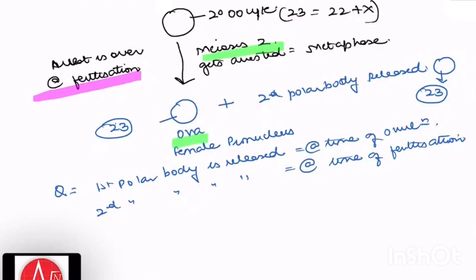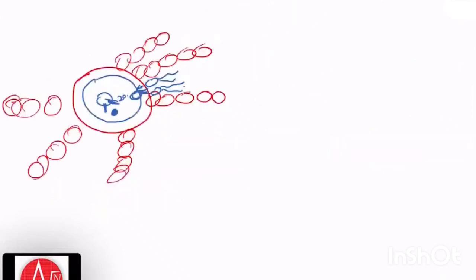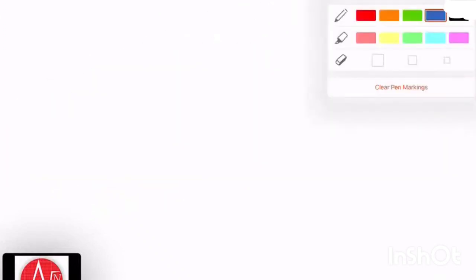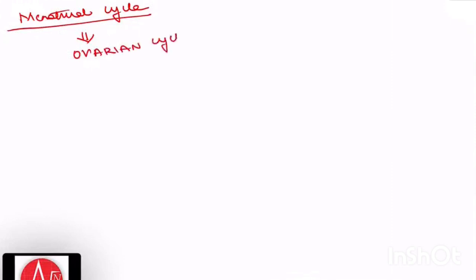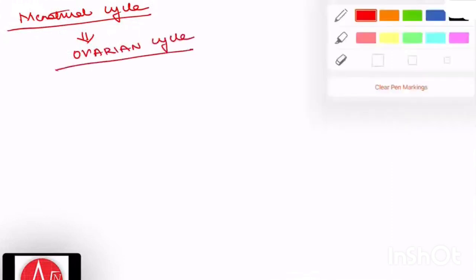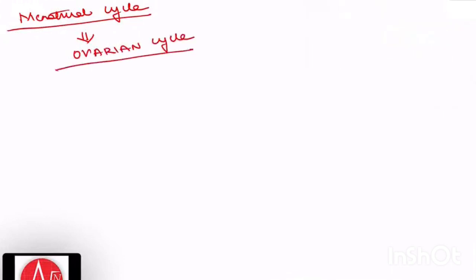Clear? So with this basic concept, we are going to talk about the menstrual cycle now. Now, the menstrual cycle is going to begin with the ovarian cycle. And for the ovarian cycle, or menstrual cycle, to happen, at puberty what happens?